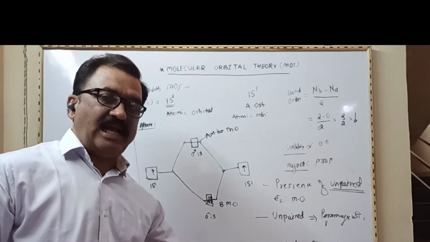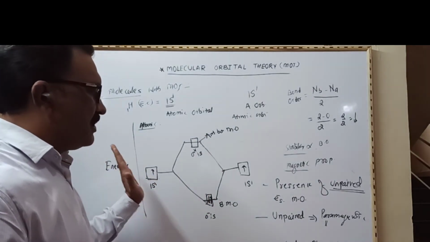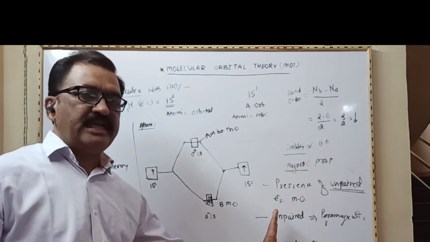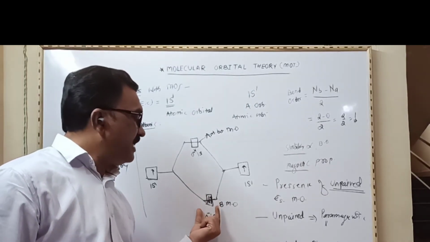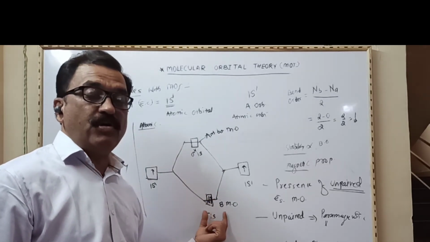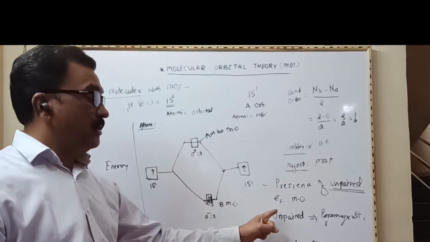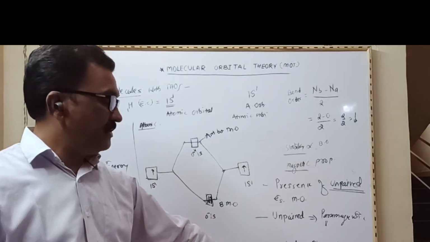By applying these criteria, we can say that hydrogen is diamagnetic in nature because it has a pair of electrons in a bonding molecular orbital. There are no unpaired electrons, and hence hydrogen is a diamagnetic molecule.